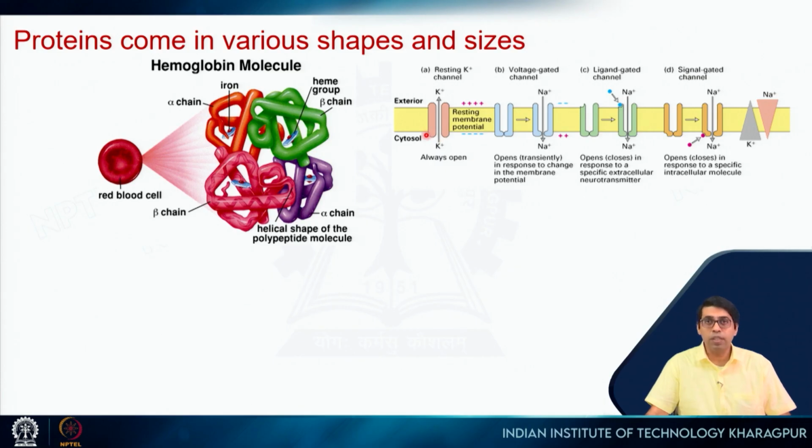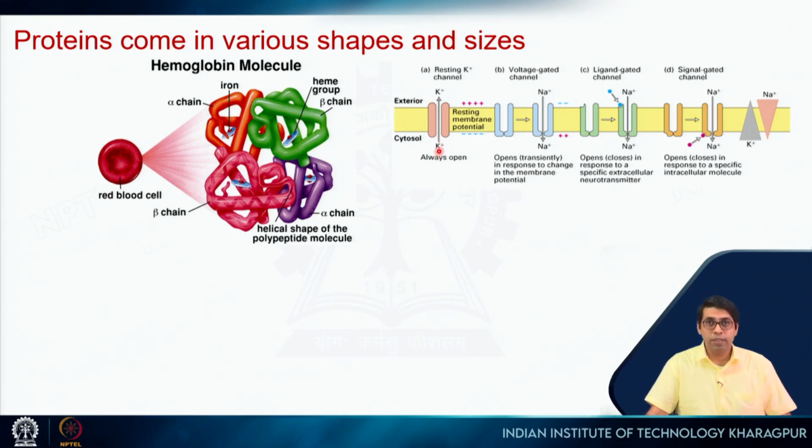Similarly, there are different proteins called ion channels. Ion channels are very important for our sensation. There you can see several ion channels shown here, and these proteins are embedded in the cell membrane. We will talk about cells in more detail later, but briefly, all cells have a covering called a cell membrane, and ions cannot pass through this cell membrane. So they need a special type of transporter called ion channels.